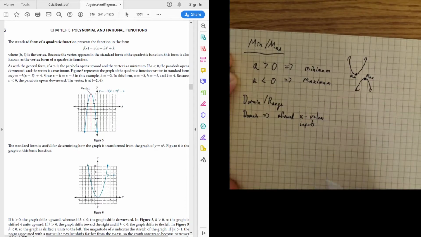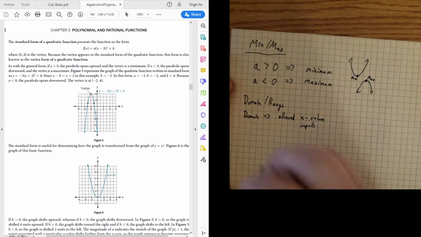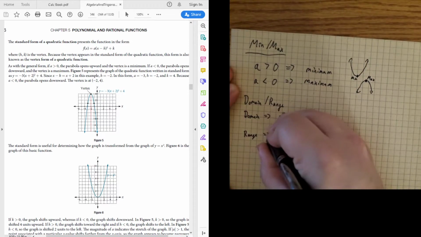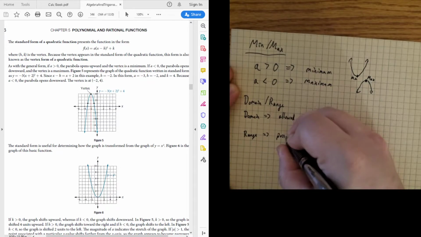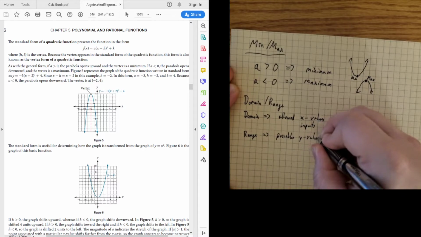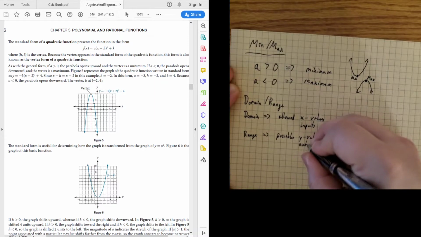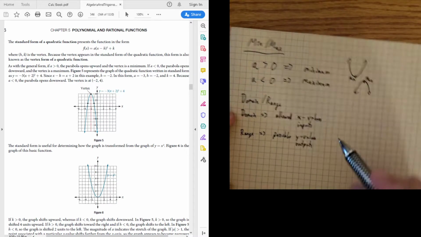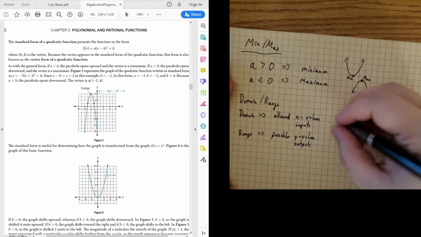What are you allowed to plug in? And the range is possible y values or possible outputs. Now, the domain for these functions, there's two versions.